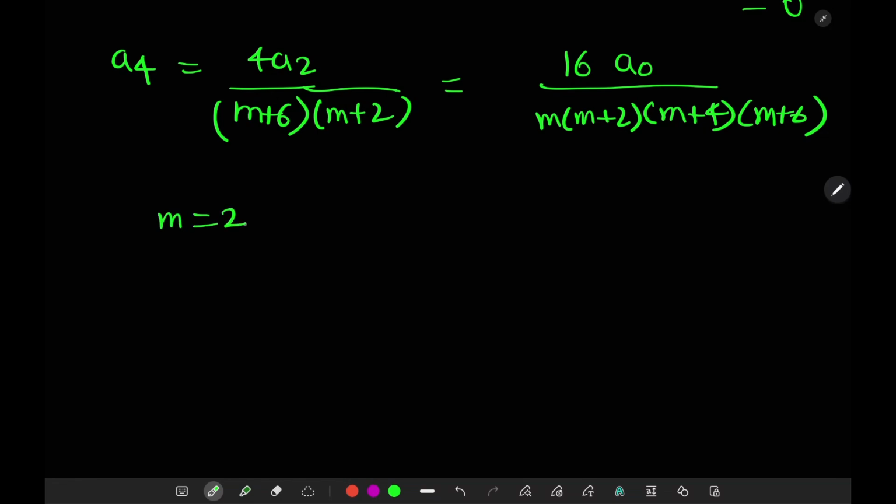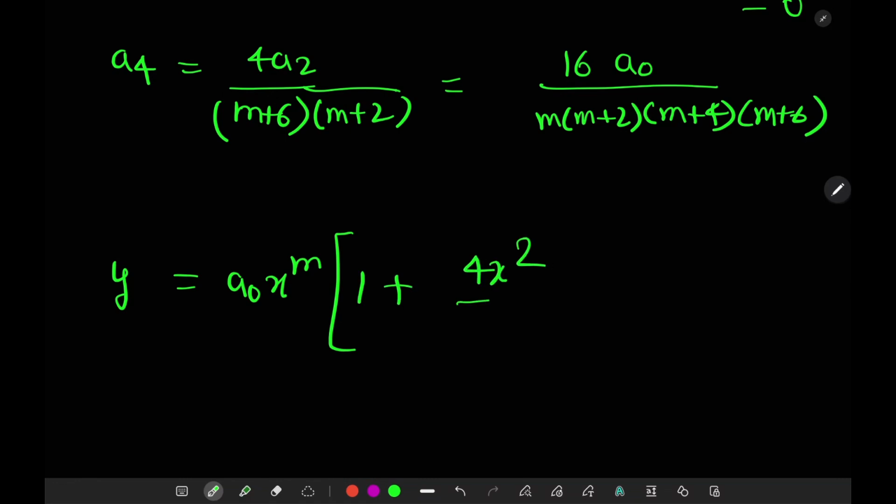For m equal to 2, we can write y1 is equal to a naught x raised to power m times 1 plus 4x square.